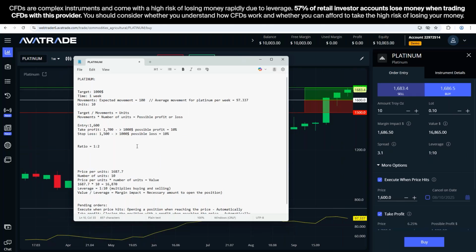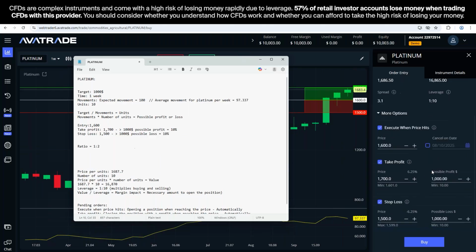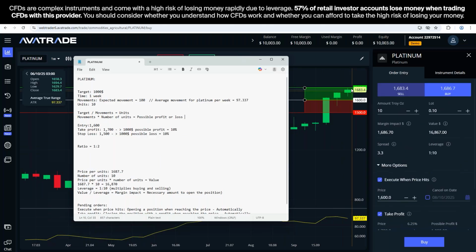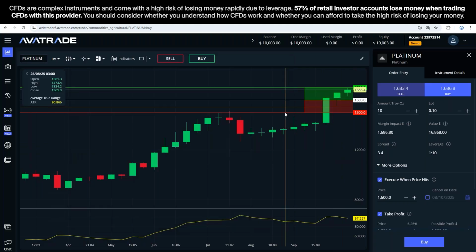Now we know that because we have 10 units over $100, we make or lose 1,000. What if we take this 100 and cut it by half? And instead of targeting 1,500, we'll make it 1,550. We'll push it up by 50.